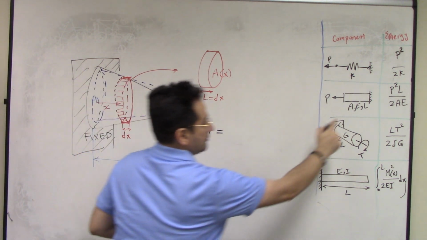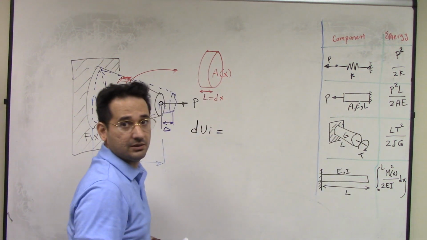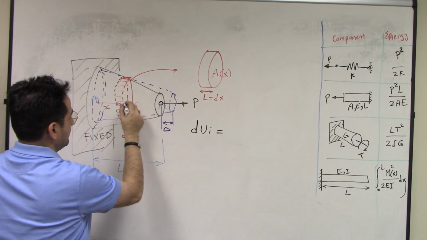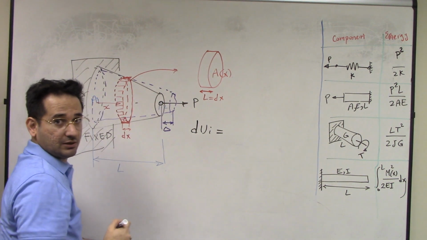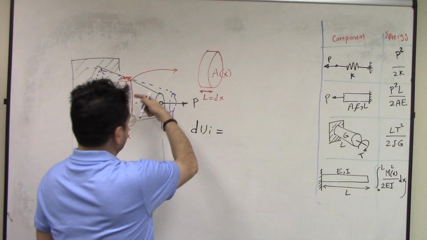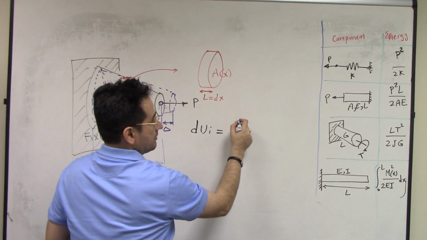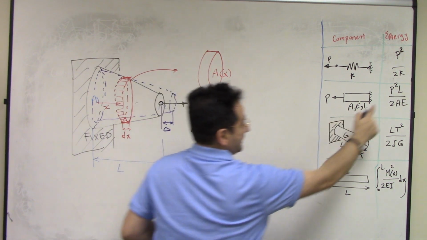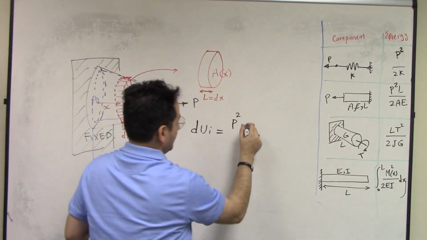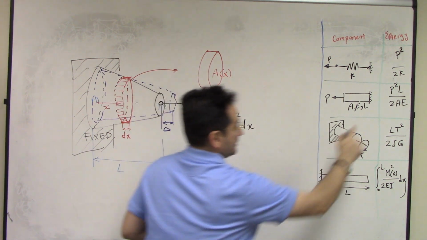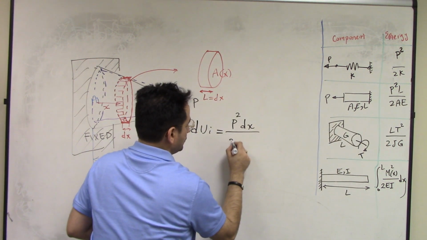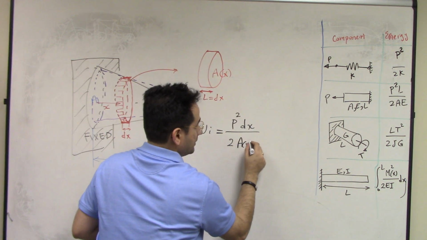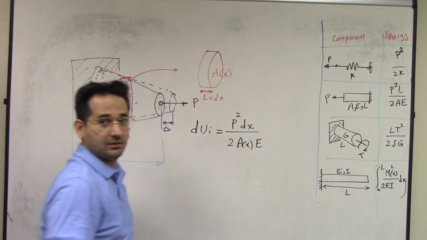It is equal to, using the formula, what's the force in this bar? Well, P is the same everywhere across this bar, so the force in the infinitesimal bar is P. So P squared, L is the length of this bar, which is dx, divided by 2 times the area, which is A of x, times the modulus of elasticity.